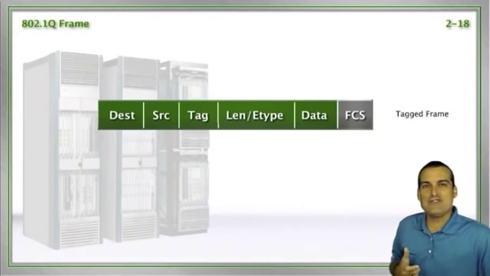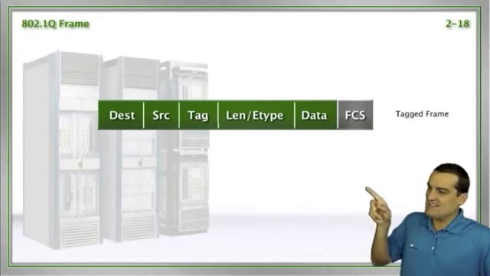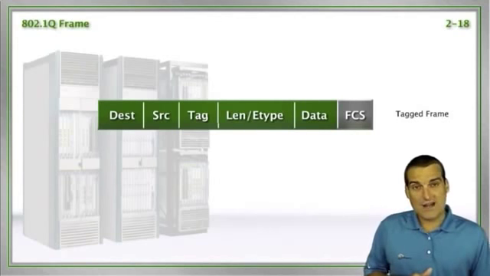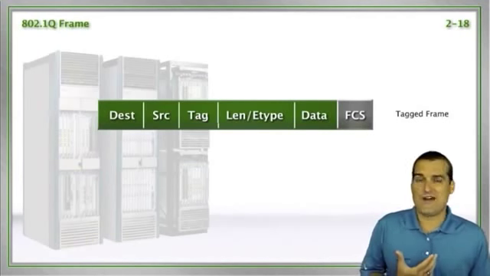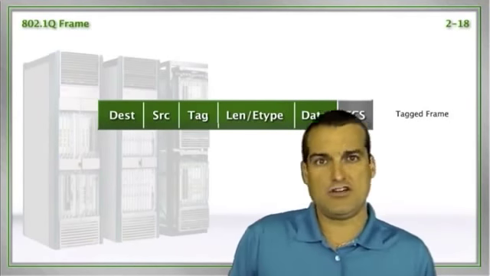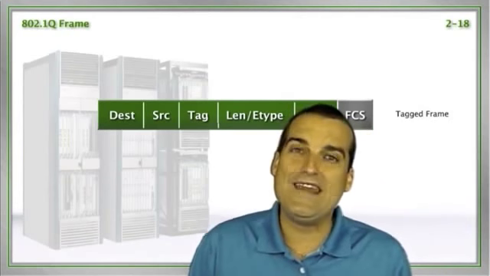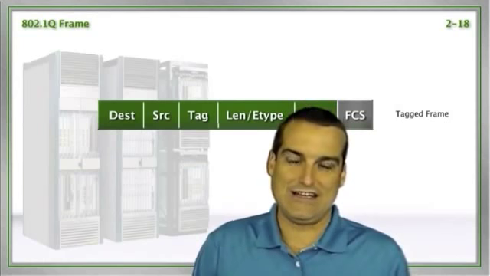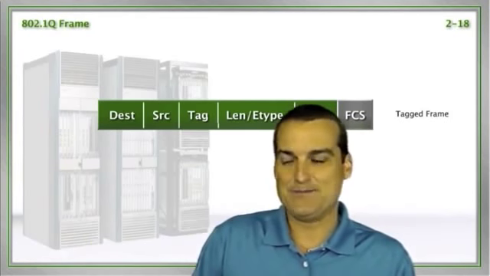So the 802.1q approach inserts a tag value because let's face it, when it comes to identifying the traffic as belonging to a particular VLAN, we need some kind of VLAN tag associated with the traffic.